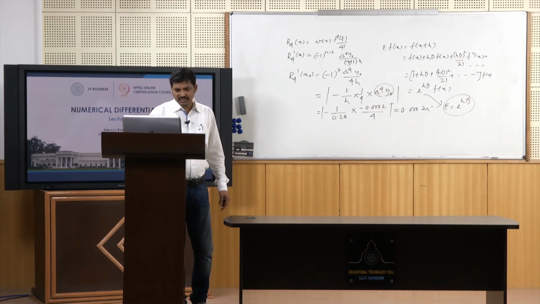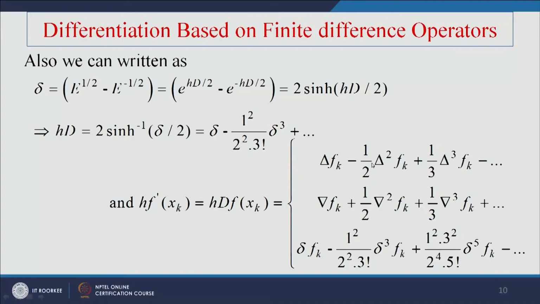So, if you express these differential operators in the form of forward difference operator, if you consider Newton's forward difference operators at a point k, then we can write h d of f of x k can be expressed in the forward difference form as del of f of x k minus half del square of f of x k plus 1 by 3 del cube of f of x k minus up to a finite number of terms.